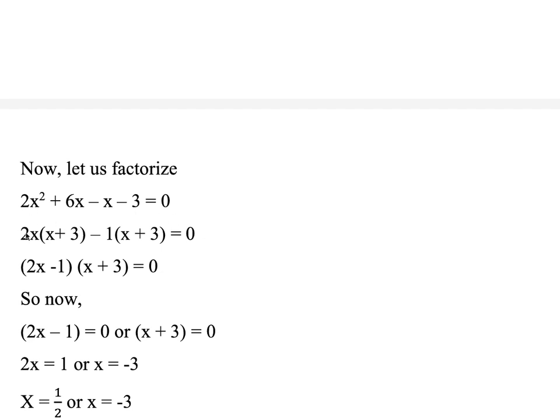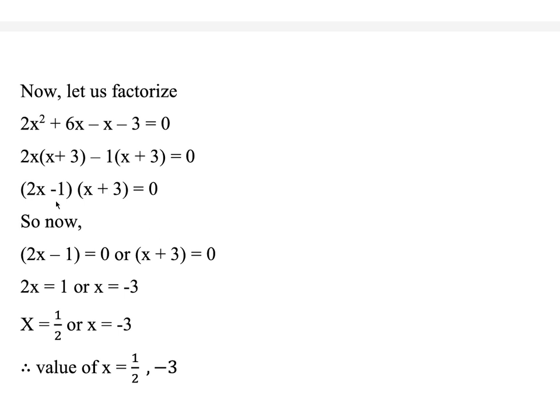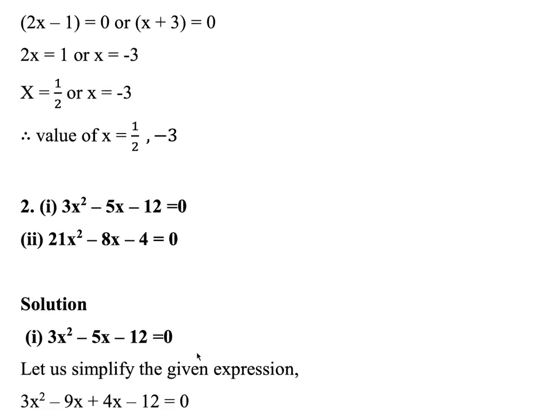Take 2x as common, so the remaining is x plus 3, and take minus 1 as common, so x plus 3 is equal to 0. So 2x minus 1 and x plus 3 is equal to 0. Either 2x minus 1 is equal to 0, so x is equal to 1 by 2, or x plus 3 is equal to 0 and you will get x is equal to minus 3.